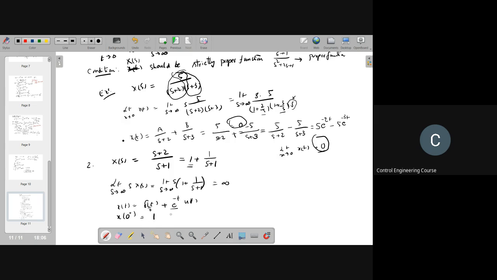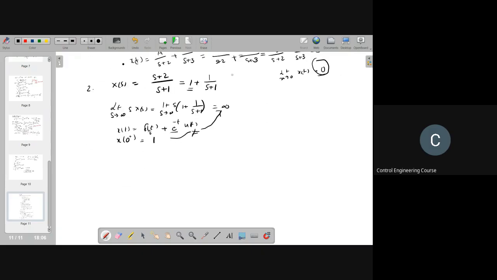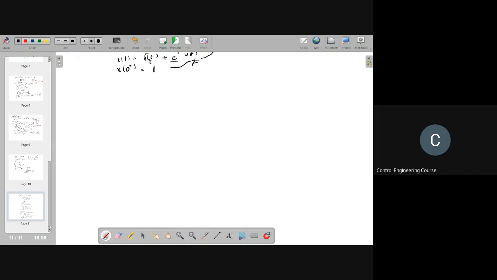This is not equal to this infinity. Is it clear? So, to apply the initial value theorem, you need to check whether X of s is a proper function or not. Now, let's go ahead with the final value theorem.